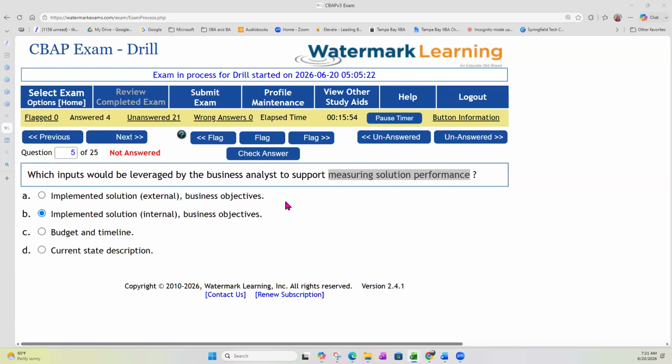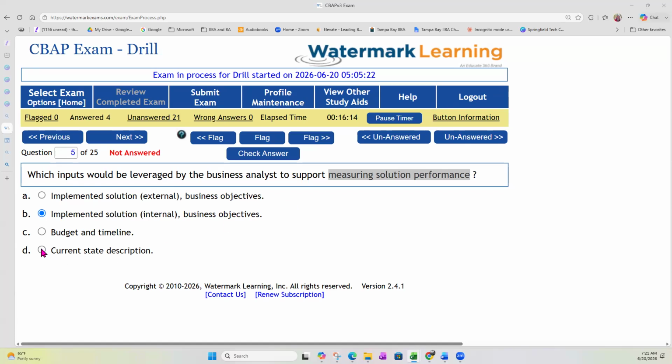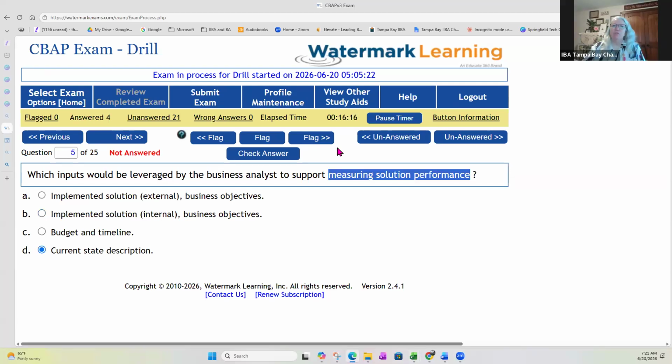Current state is the current state, not the oldest state. Okay, but not related to the solution. Yeah, I'm leaning towards the current state. I'm sorry, Amarachi, say that again. I said I'm leaning towards current state description. Okay, I've got 2 votes for current state.